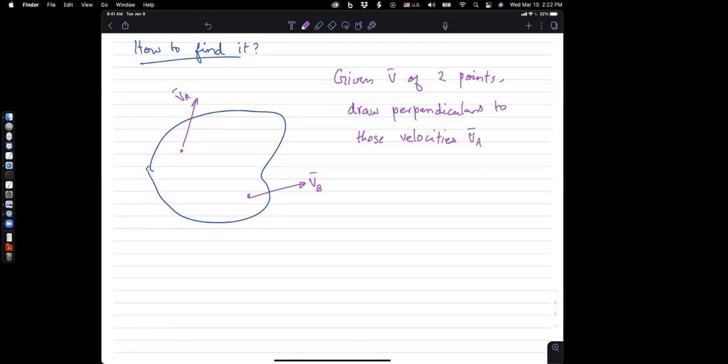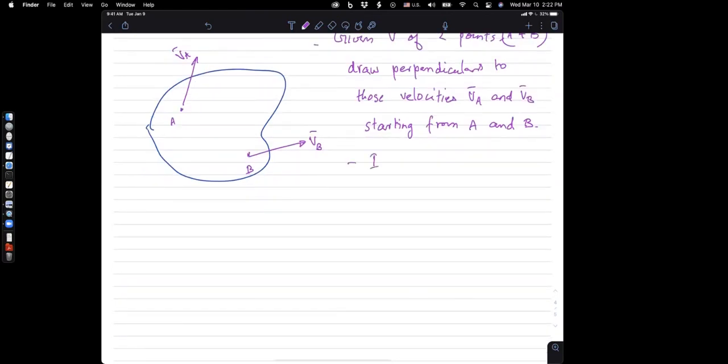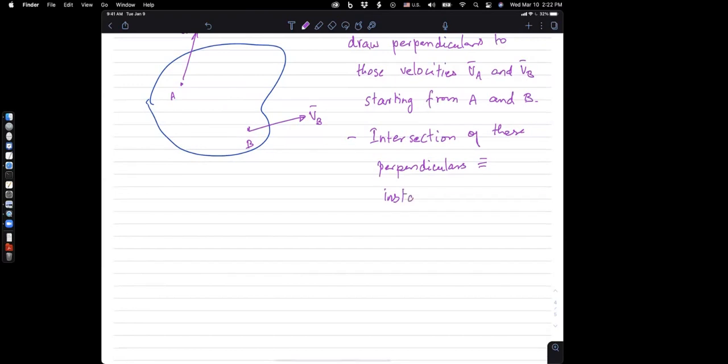So let's say 2 points A and B, V_A and V_B, starting from A and B. And then the intersection of these perpendiculars equals the instantaneous center of rotation. Okay, so that's the algorithm.